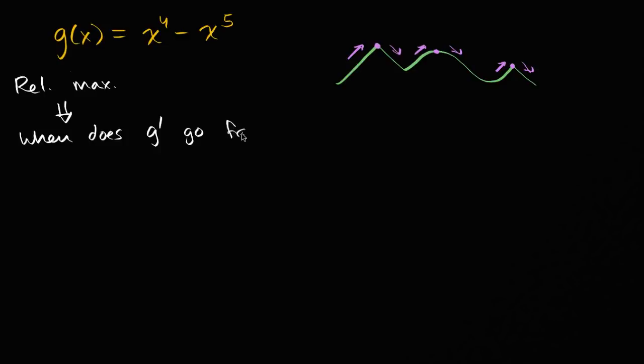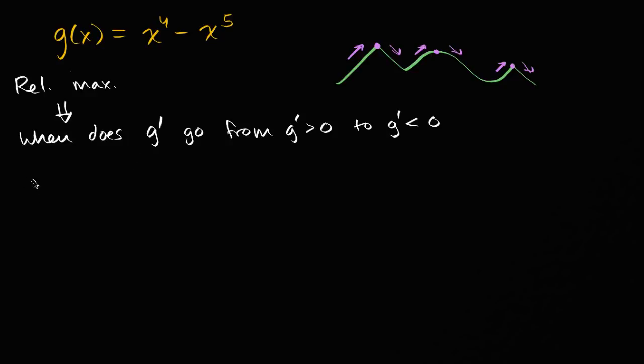I wrote from g prime greater than 0 to g prime less than 0. And the values that we could look at are our critical points. And critical points are where g prime is either 0 or it is undefined.